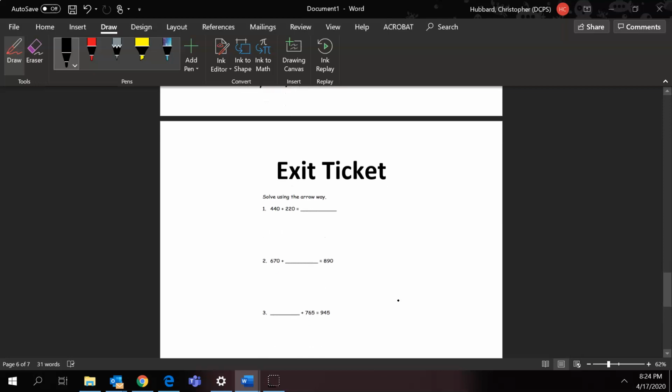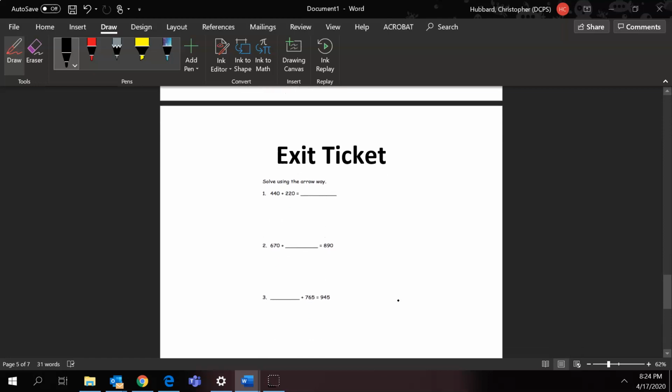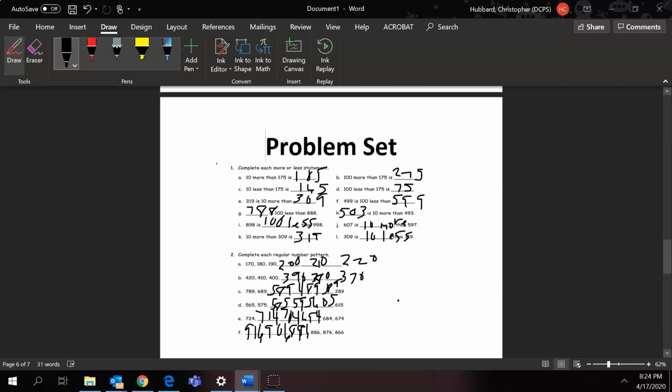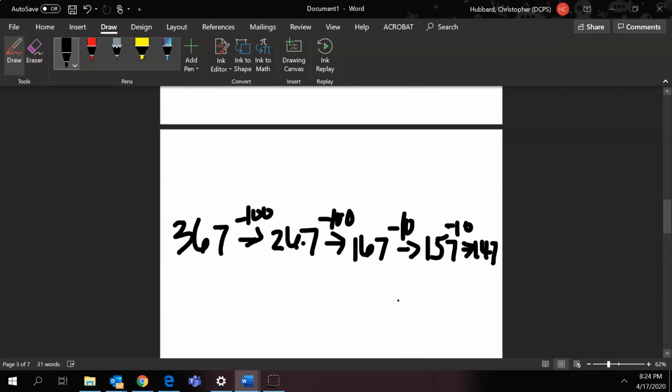Finally, your exit ticket. It says solve using the arrow way. If you need to rewind the video to go back to see how I did the arrow way, then feel free to do that. But I want you to solve these problems using the arrow way. So let's go back to the example really quickly.